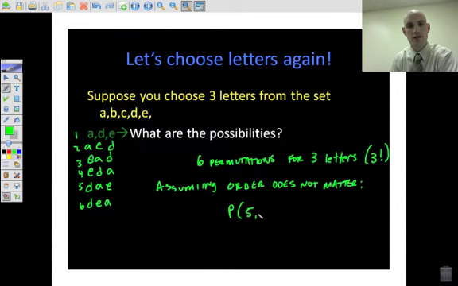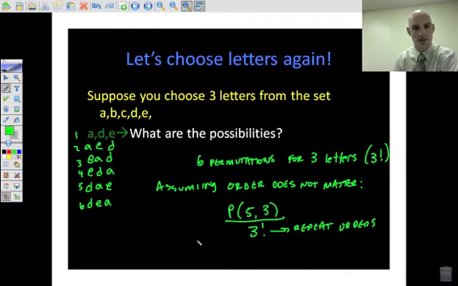We have the permutation of 5 objects chosen 3 at a time, because we have 5 letters and we are picking 3 of them. And we're going to divide by the number of repeat orders. So 3 factorial, that's for the repeat orders.